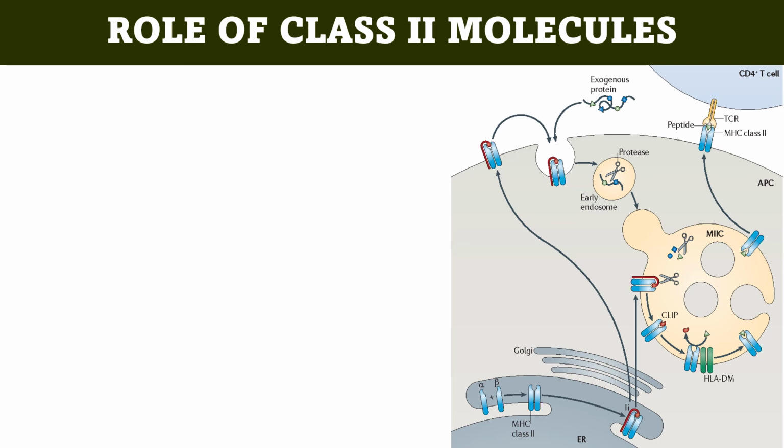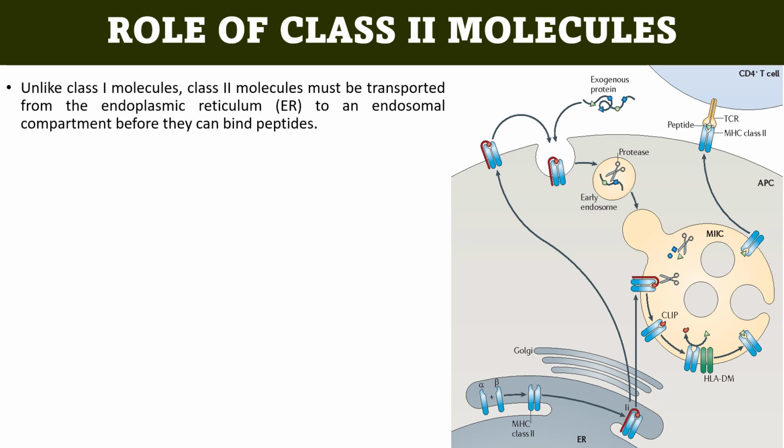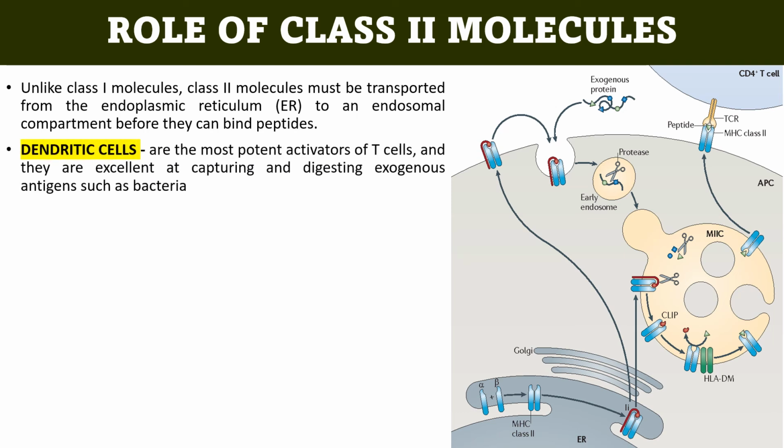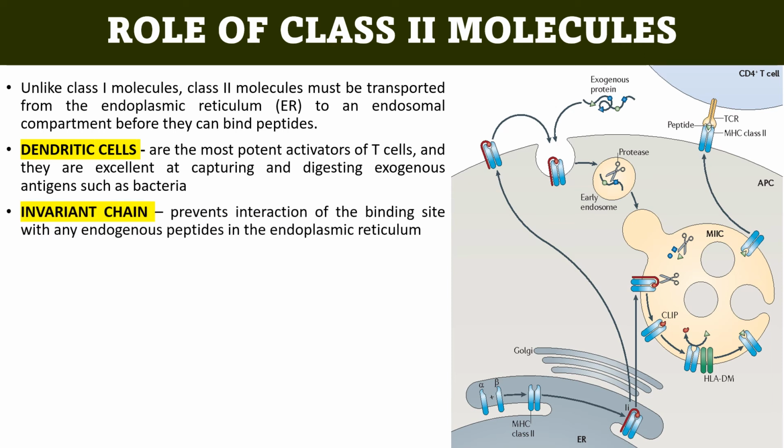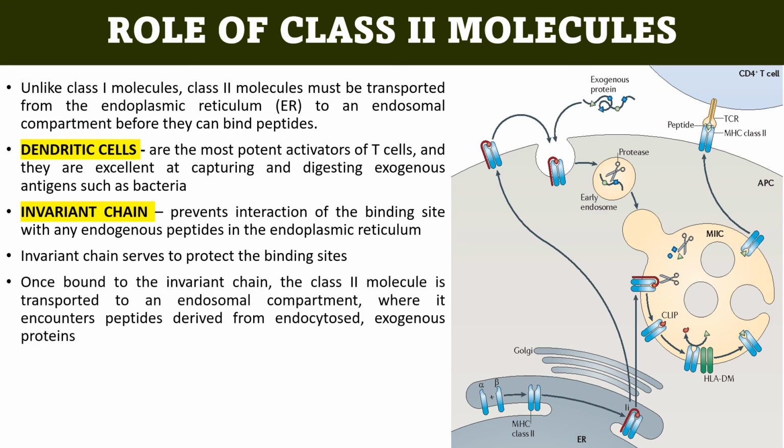Let's look at the role of class 2 molecules now. Unlike class 1 molecules, class 2 molecules must be transported from the endoplasmic reticulum to an endosomal compartment before they can bind peptides. Dendritic cells are the most potent activators of T cells and they are excellent at capturing and digesting exogenous antigens such as bacteria. The invariant chain prevents interaction of the binding site with endogenous peptide in the endoplasmic reticulum. Invariant chains serve to protect the binding site.